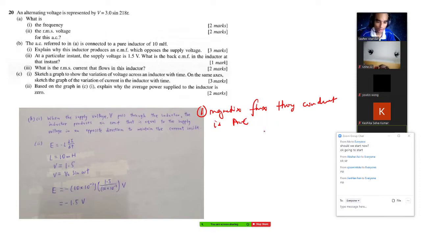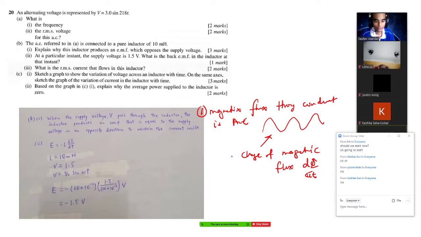So it means that there will be up and down, up and down, up and down. Because it's going up and down, there will be a change of magnetic flux, that's d phi over dt. So this is number 2. You have to mention that because the magnetic flux is up and down, there will be a change of magnetic flux equal to d phi over dt.